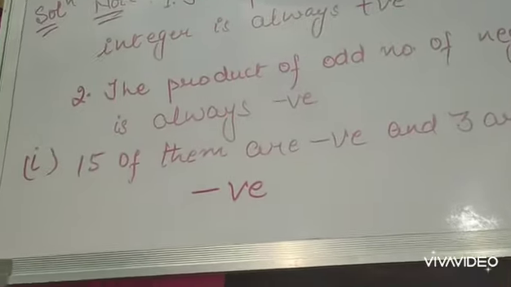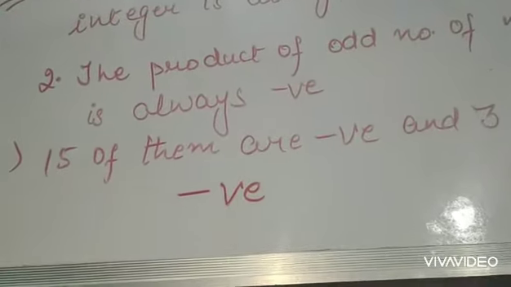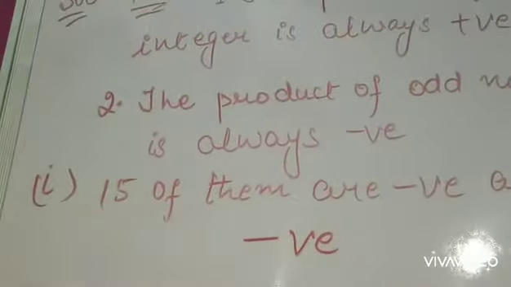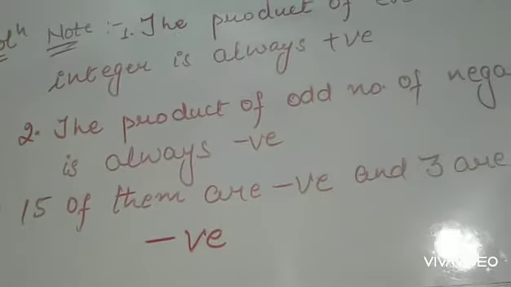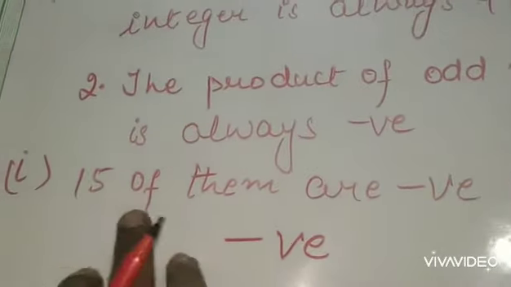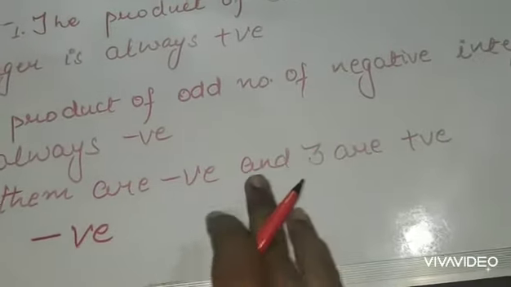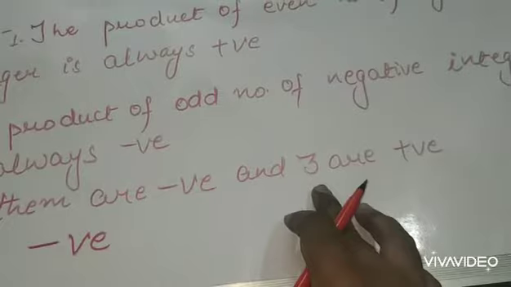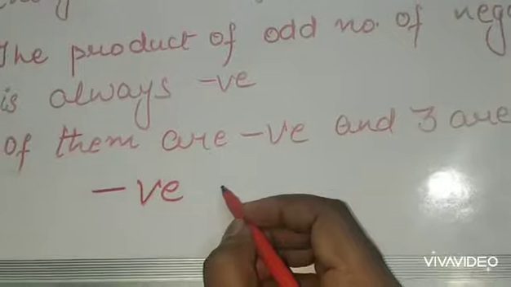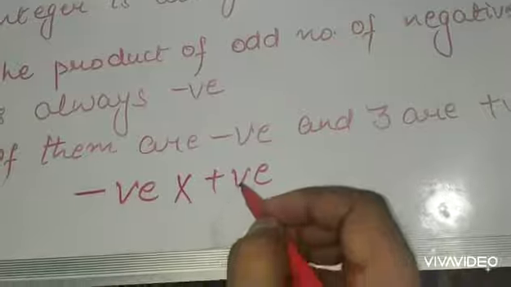The question is asking that out of 18, 15 of them are negative and 3 are positive. Here you can see, according to the note, that the product of an odd number of negative integers is always negative. So 15 is an odd number, so its product will be negative, and we have to multiply it with 3 positive integers. See, step by step I'm doing it.